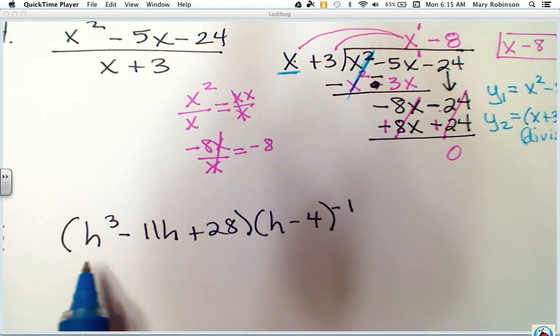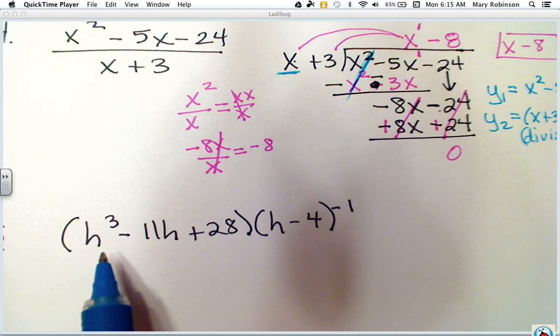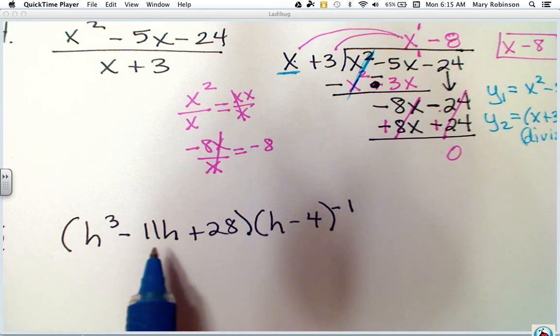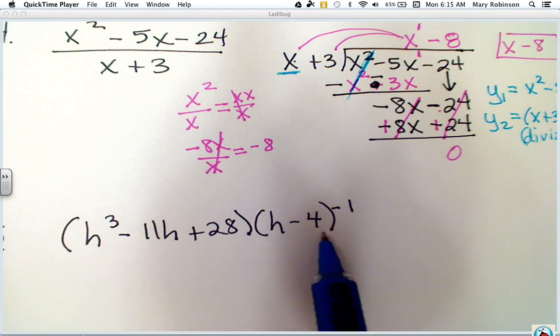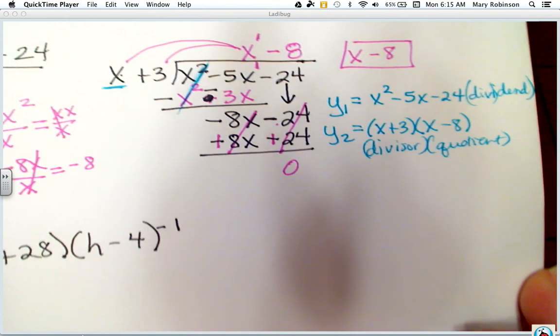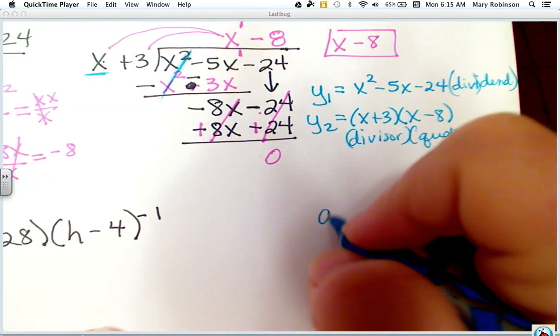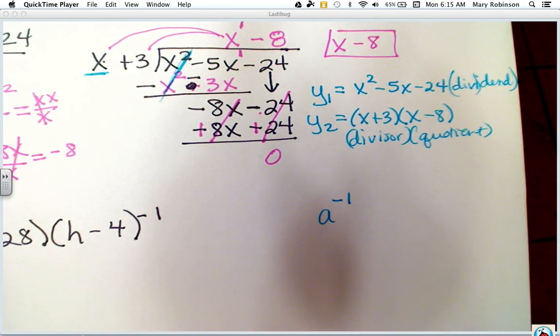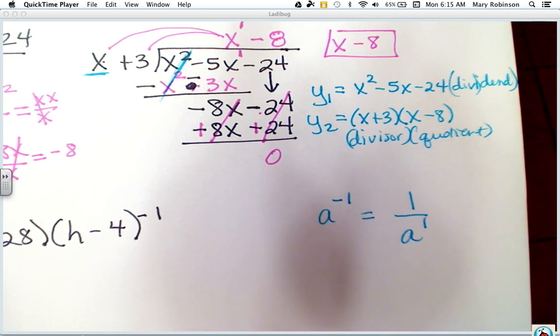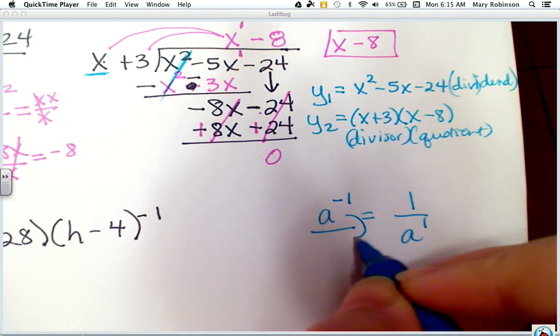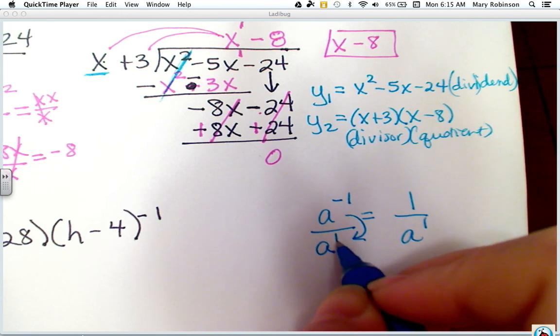If you notice here, we actually have a polynomial h cubed minus 11h plus 28 times h minus 4 to the negative 1 power. So please recall your negative exponent law, which said if you have a to the negative 1, then it's really 1 over a to the positive 1, meaning we can move it to the bottom and the exponent changes signs.